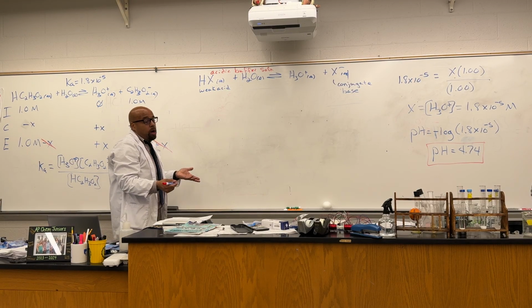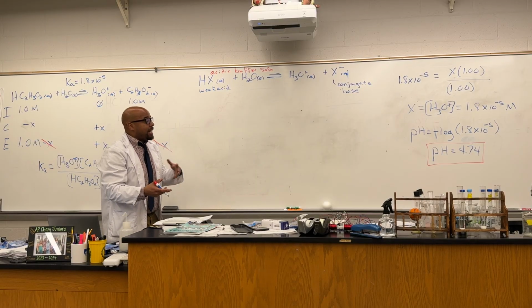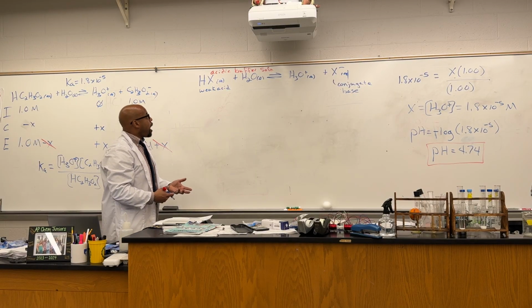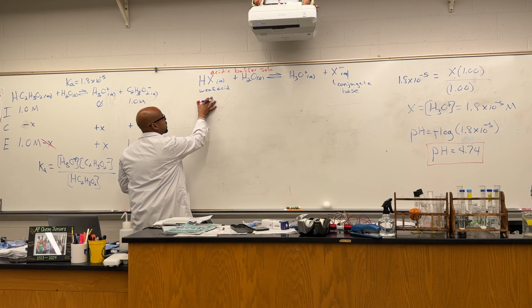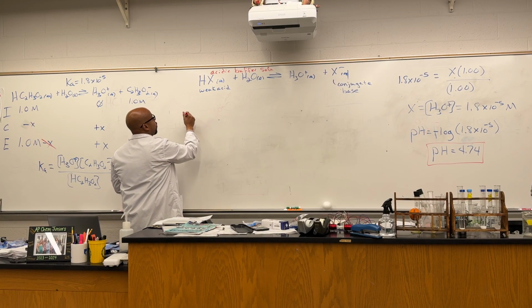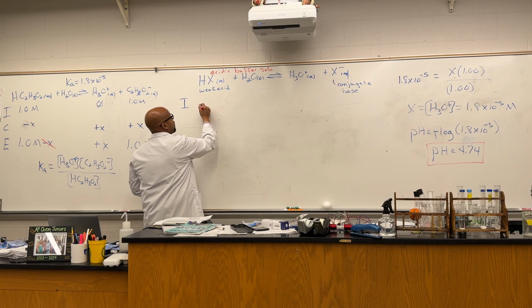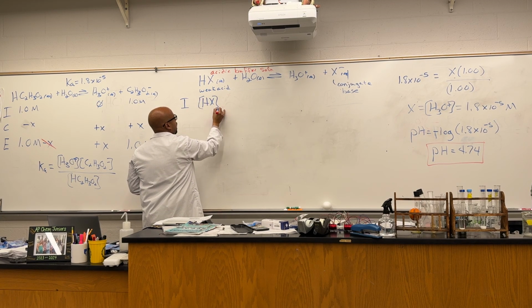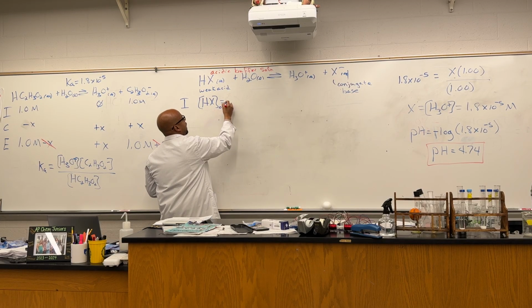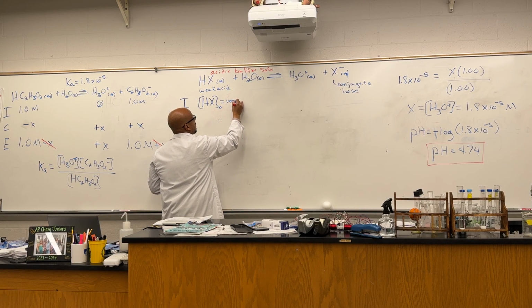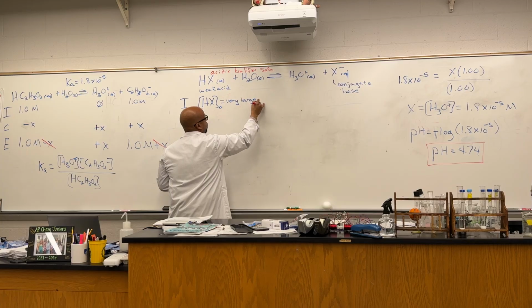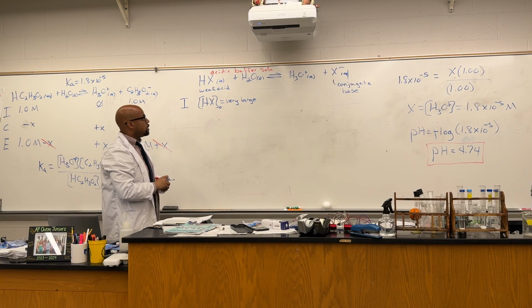What I would always start you off with in a buffer problem where I'm going to ask you to figure out what the pH is going to be, I'm going to give you the initial concentration of this acid here. So what I do right here, I'm going to say ICE. Initial concentration. This concentration of the acid, HX, initial, is going to be very large because we want a high concentration.